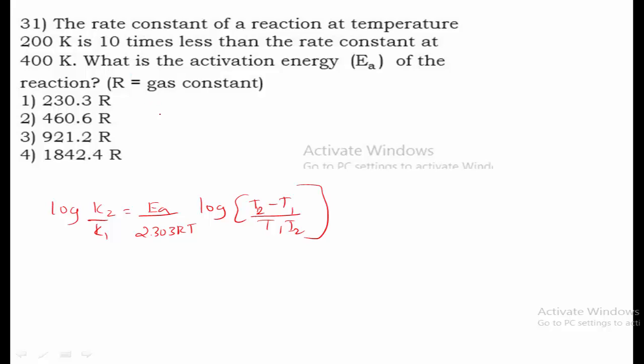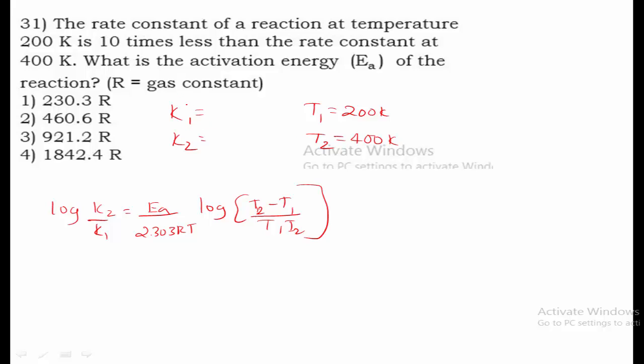So first write down what they have given. K1 and K2 you should know. K1 is the rate constant at temperature 200 Kelvin, that is T1 is equal to 200 Kelvin, and K2 is the rate constant at temperature 400 Kelvin, therefore T2 is 400 Kelvin.